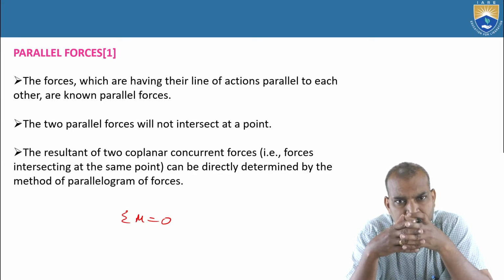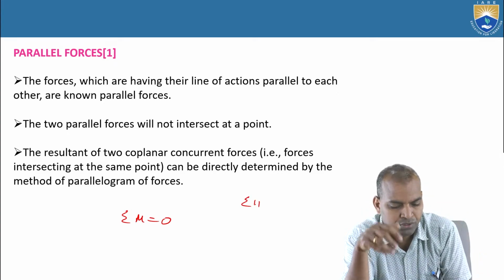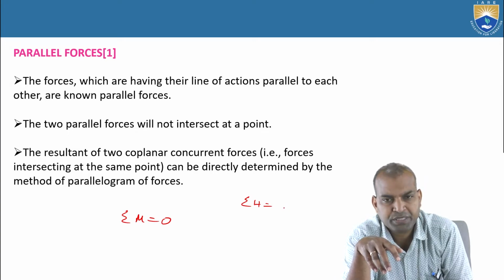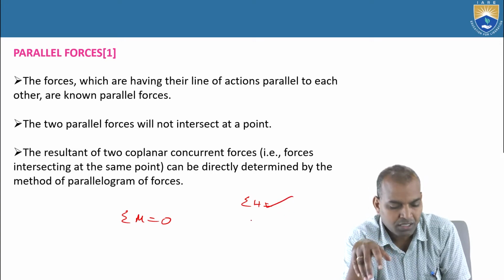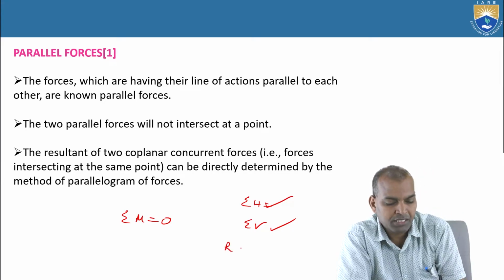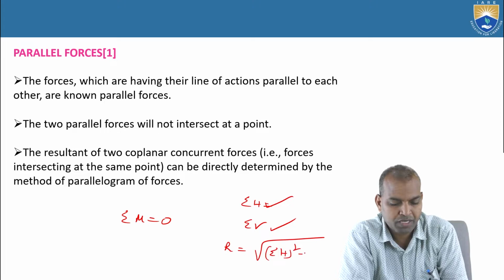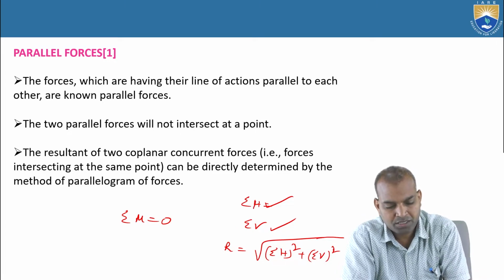So what we will do here: in the coplanar concurrent force system, sigma H equals the algebraic sum of all the horizontal forces, and sigma V equals the algebraic sum of all the vertical forces. The resultant force R equals the square root of sigma H whole squared plus sigma V whole squared.